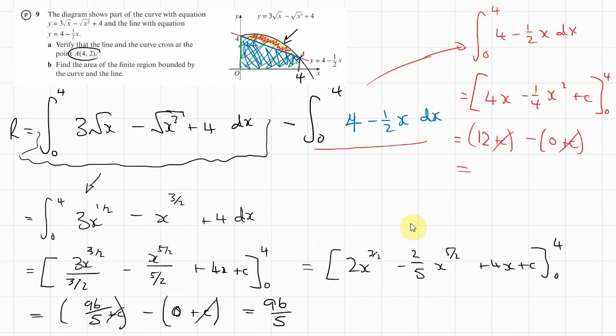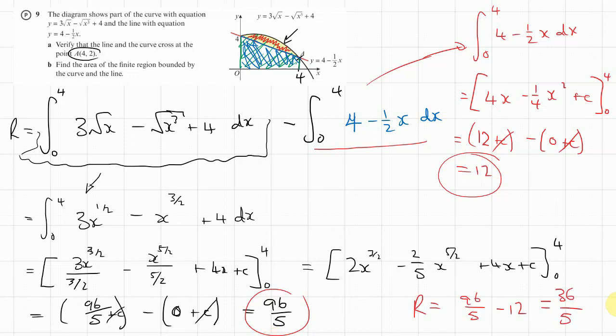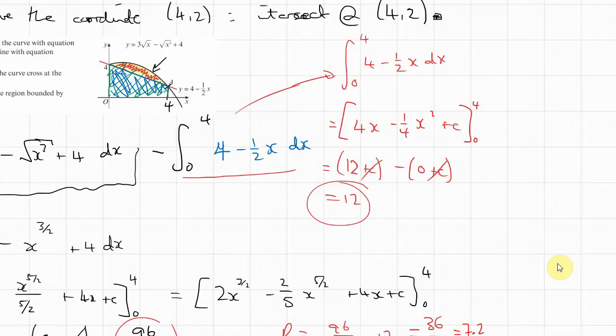They cancel out, so we get 12 for this. But we need to do this, subtract this, so my final answer for my region R is 96 over 5, subtract 12, which is 36 over 5, or 7.2 on the dot, or 7 and 1/5. So that's that question.